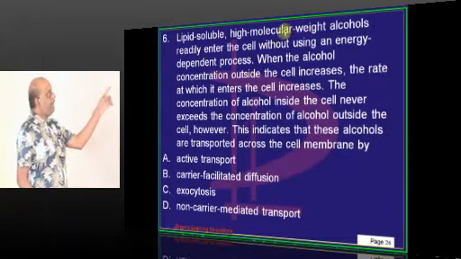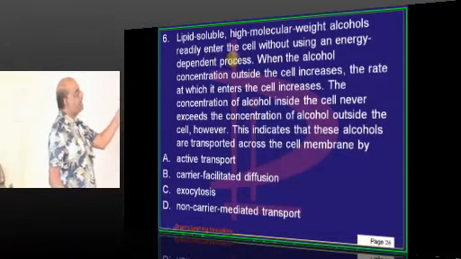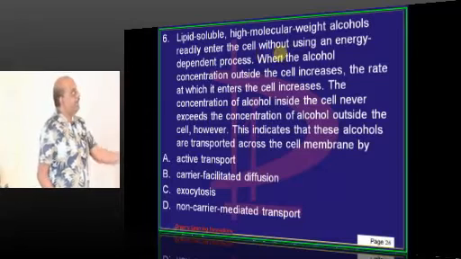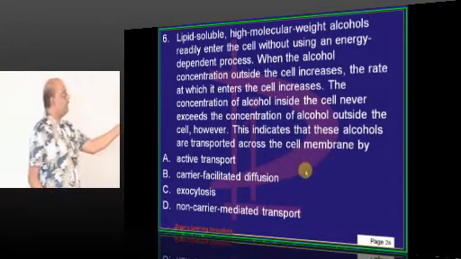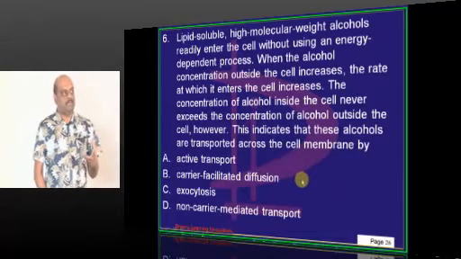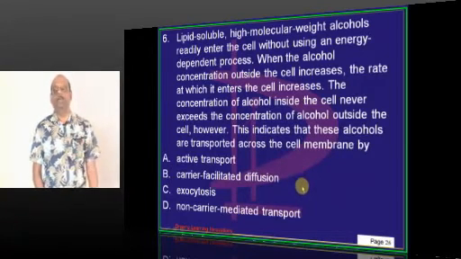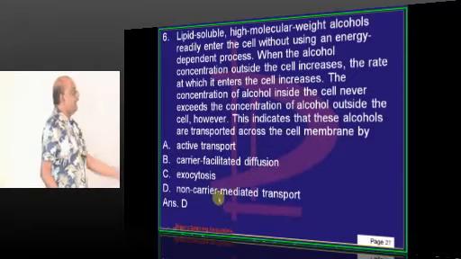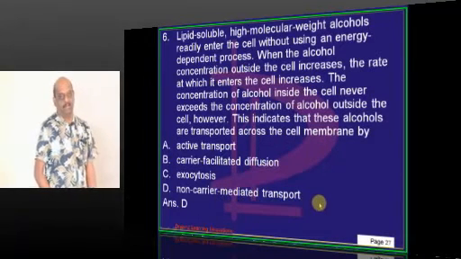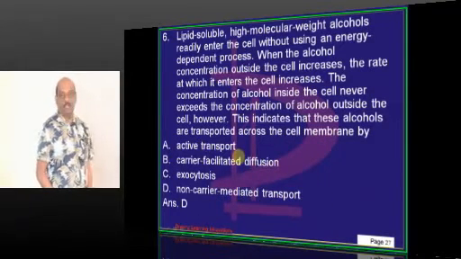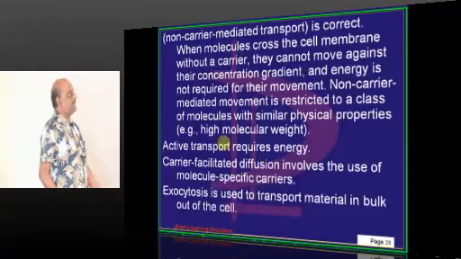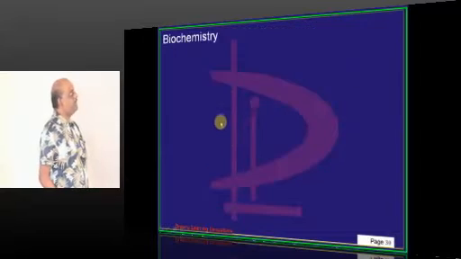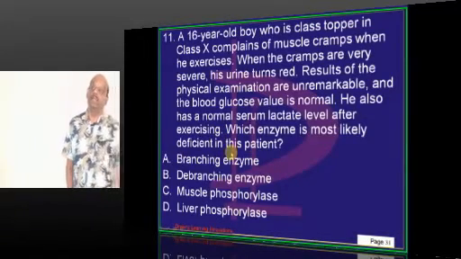Now if you take the lipid soluble high molecular weight alcohols entering the cell without using an energy dependent process, what is the typical type of membrane transport called? It is a non-carrier mediated transport. If you take the active transport, it requires energy, etc. So you can review the literature of the remaining types.